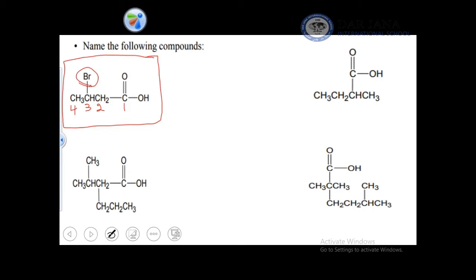So the name of the hydrocarbon chain will end with -oic acid, like that. So it will be 3-bromobutanoic acid.